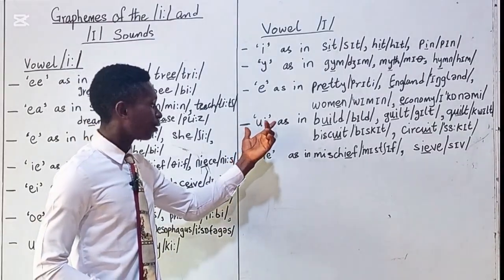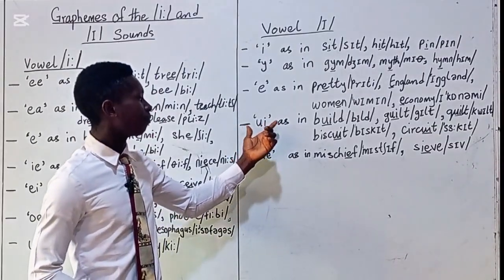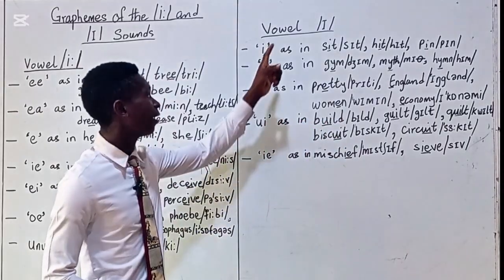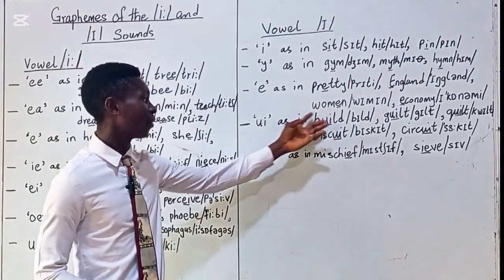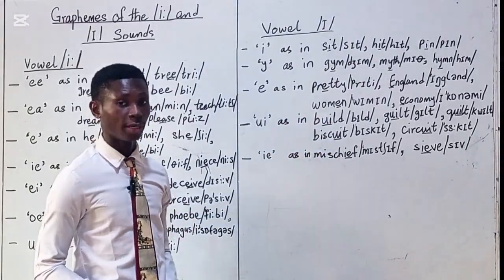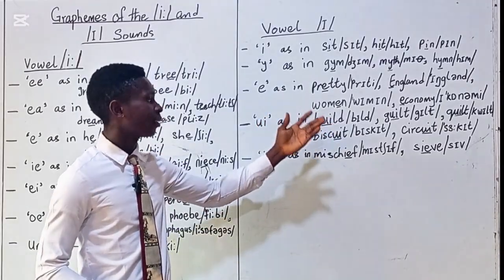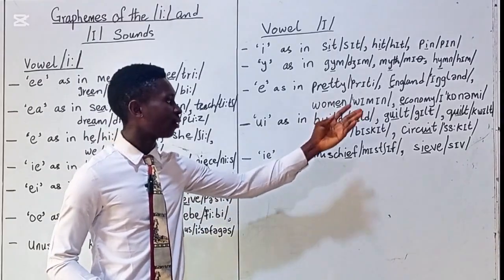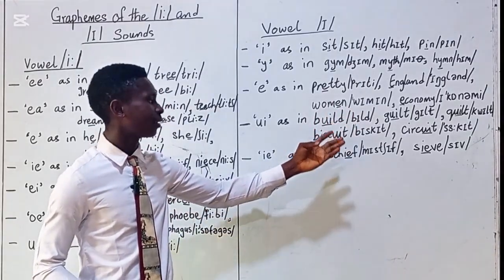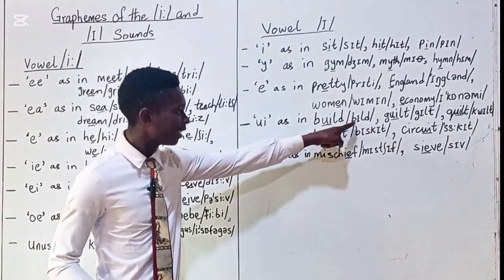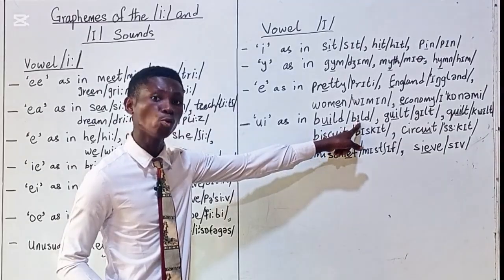Okay, so look at UI: in all these words we have the short vowel sound, as in build, biscuit, circuit. So it is not "boild", because in this transcription we don't have the O sound.